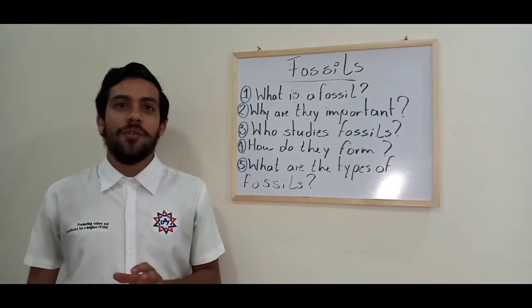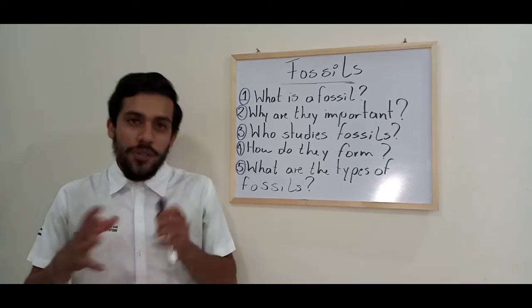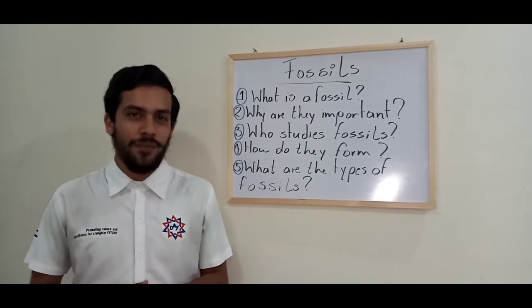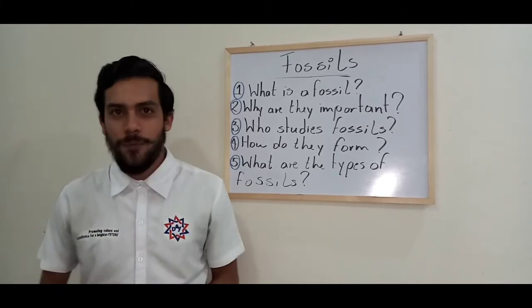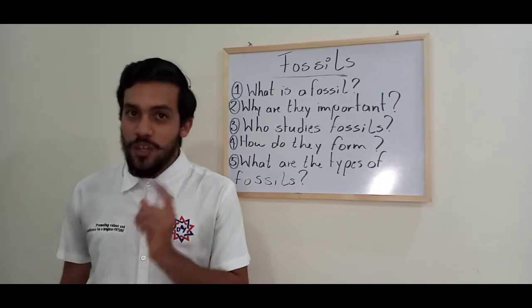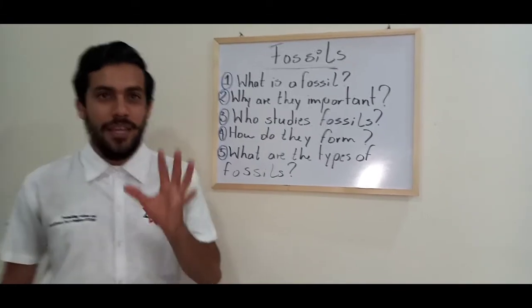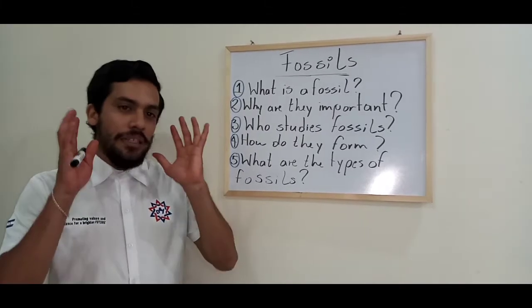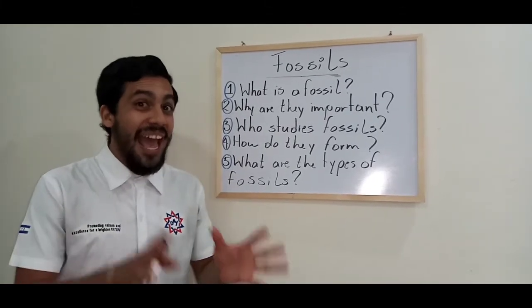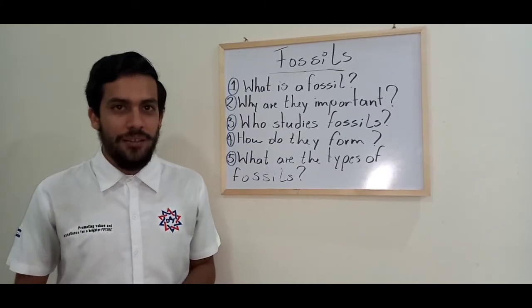Okay, well, so we have gotten to the most important part of the video. So how is a fossil formed? Okay, in first place, you need to remember something. The animal or the plant has to die, okay?